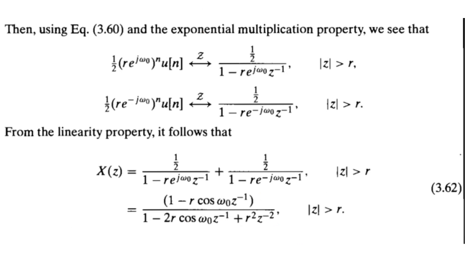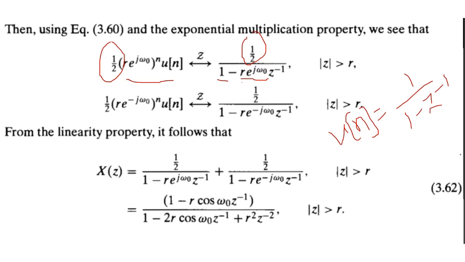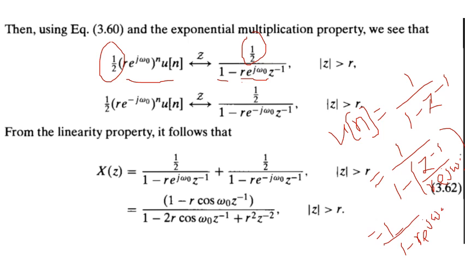Now you see that 1 by 2 is scaling, and the z transform of this whole thing is 1 divided by 1 minus r e raised to power j omega naught z inverse, because the u of n z transform was 1 divided by 1 minus z inverse. So what we did is we just replaced z inverse with z inverse divided by r e raised to power j omega naught. Once you solve this, I get 1 divided by 1 minus r e raised to power j omega naught z inverse.